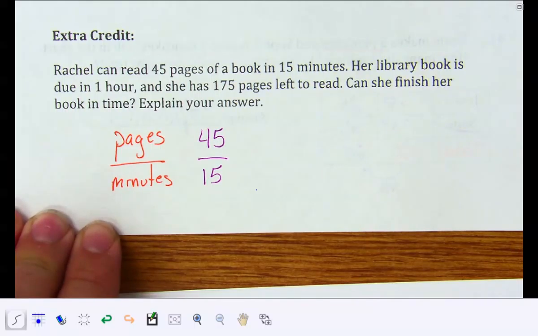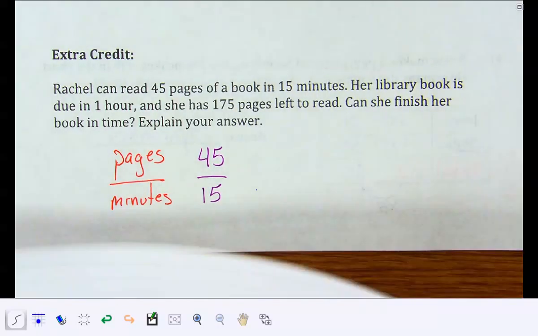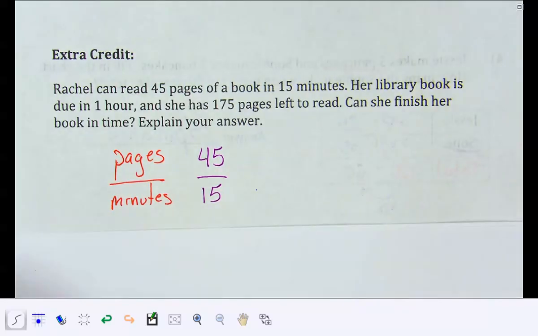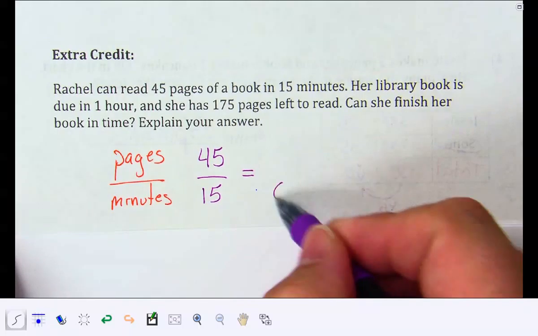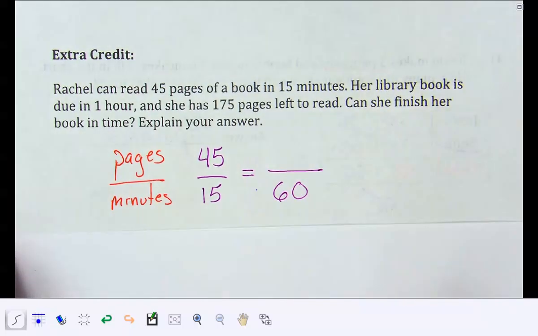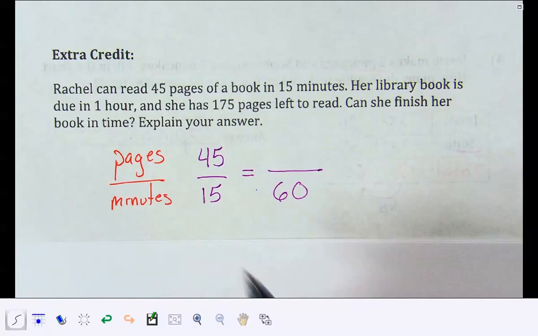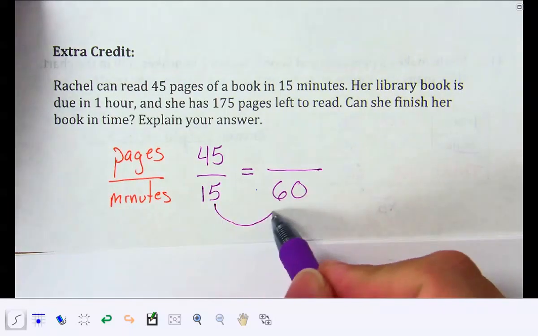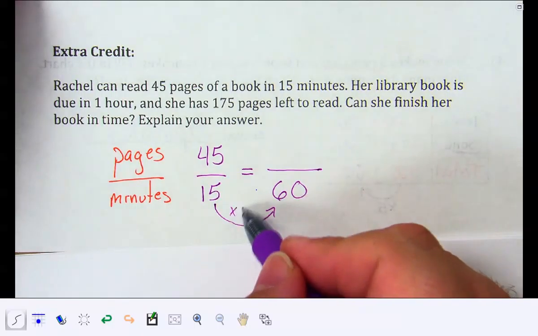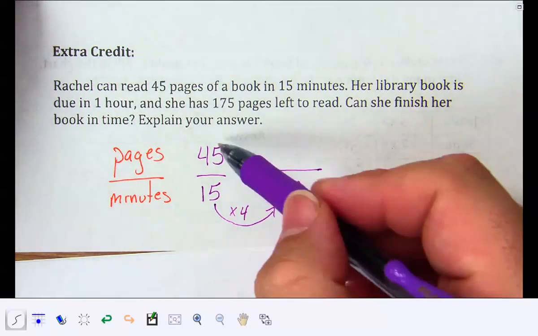Okay, well, there are 60 minutes in an hour, so I'm going to have to do 60 minutes as my bottom number. All right, so to go from 15 to 60, I know that I need to multiply it by 4. So do the same on the top.